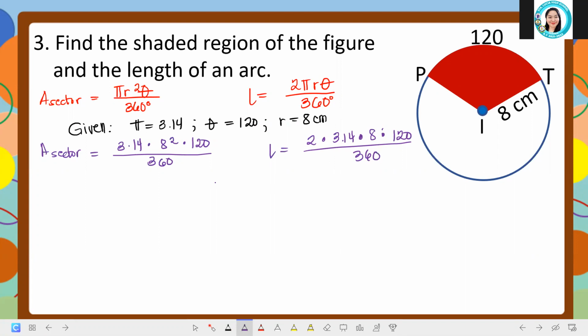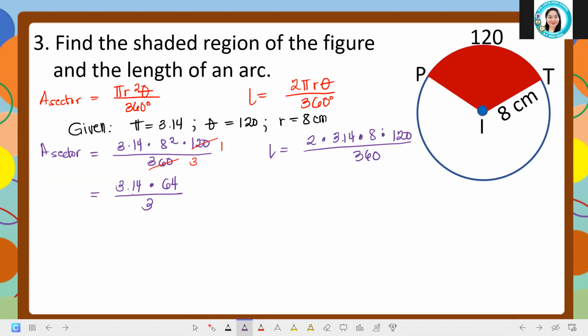So let us start first with the sector. So dito, pwede tayo mag-cancel out, right? So 120 and 360 is both divisible by 120. So this is 3, this is 1. Next, 8 squared is 64. So that's 3.14 times 64 divided by 3.